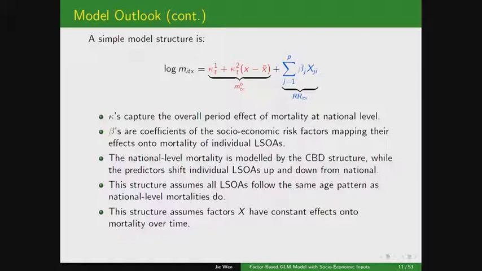The kappas are the period factors that capture the overall national level period pattern over time. And the betas here are the coefficients of the socioeconomic factors, and they measure how big the effect of each socioeconomic factor is on the mortality.